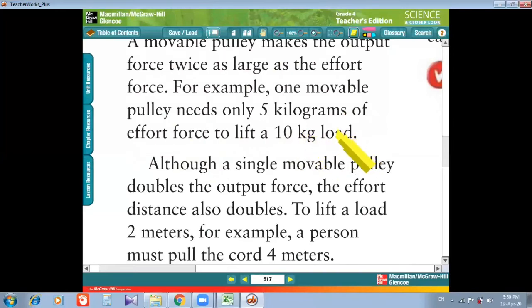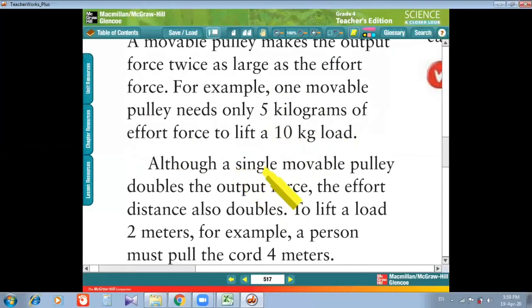If you want to lift a 10 kg load, you need to apply only 5 kilograms of effort force. Meaning the effort force is reduced to half, or the output force is doubled. Okay, so this is the advantage.